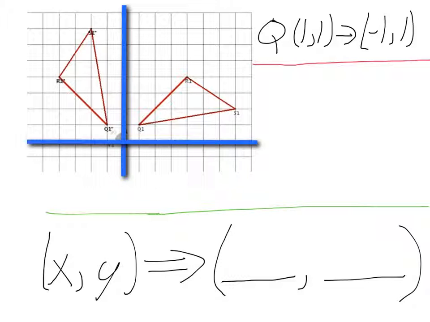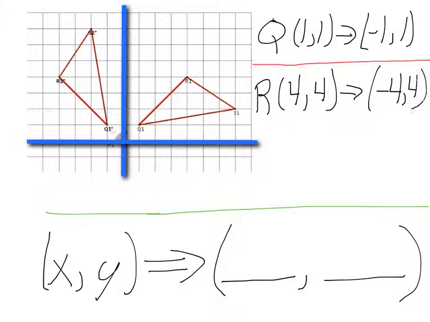Alright, let's go from R to R prime. So a 90-degree rotation from R to R prime. R is located at 1, 2, 3, 4, and then 1, 2, 3, 4. So it goes from 4, comma 4 over to R prime, which is negative 4, comma 4.